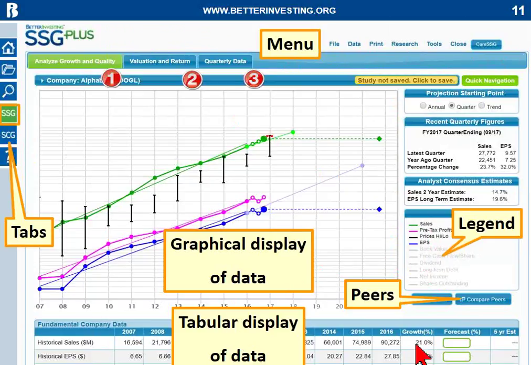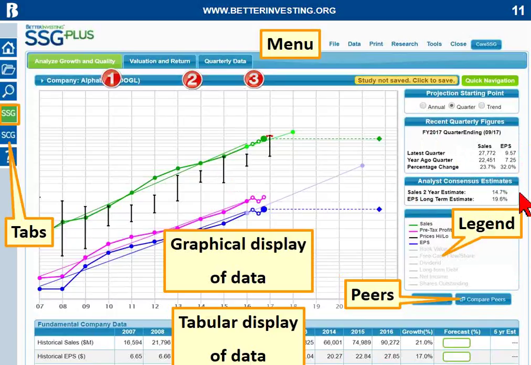Down below is a tabular display of data. Some of the data that you see up here is replicated directly down here, and usually with a growth rate or a trend line. And then up here on the side, we have boxes for recent quarterly numbers. We'll take a look at those when we start forecasting.